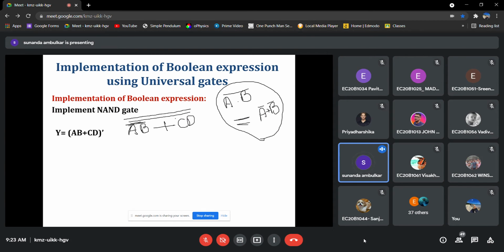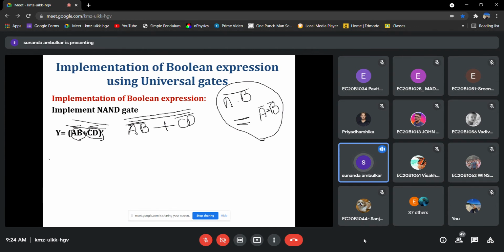So for each individual term we have to apply this theorem. Instead of complementing the whole expression, you have to complement and double complement the individual product terms. This is the difference.